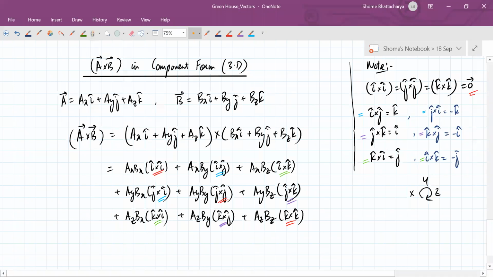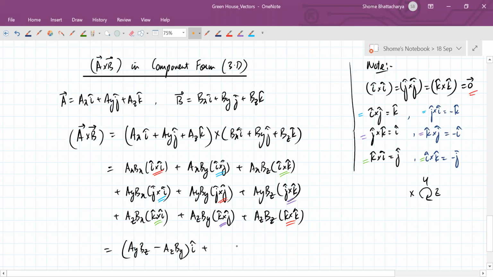You can see that your I cap term is coming from these two. J cross K is positive I, so AY BZ. K cross J is minus I, so this will come with a negative sign. So this is your I cap term.